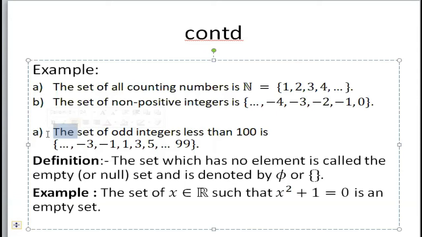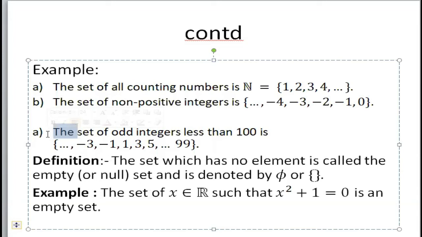Towards the right, after the 3 dots, we can put 99, because there is no other odd integer less than 100 that is larger. The only largest odd integer less than 100 is 99. That's why we have put 99. Towards the left, we let it continue by using 3 dots. So this is how we describe sets using the partial listing method.